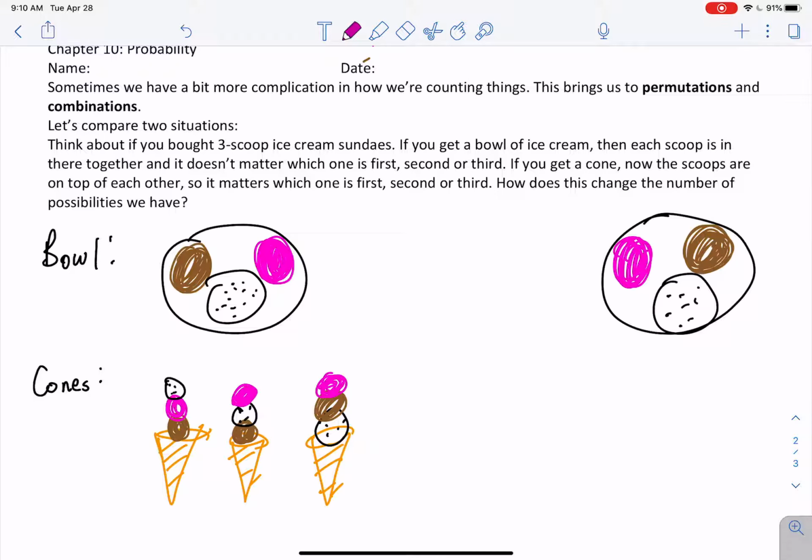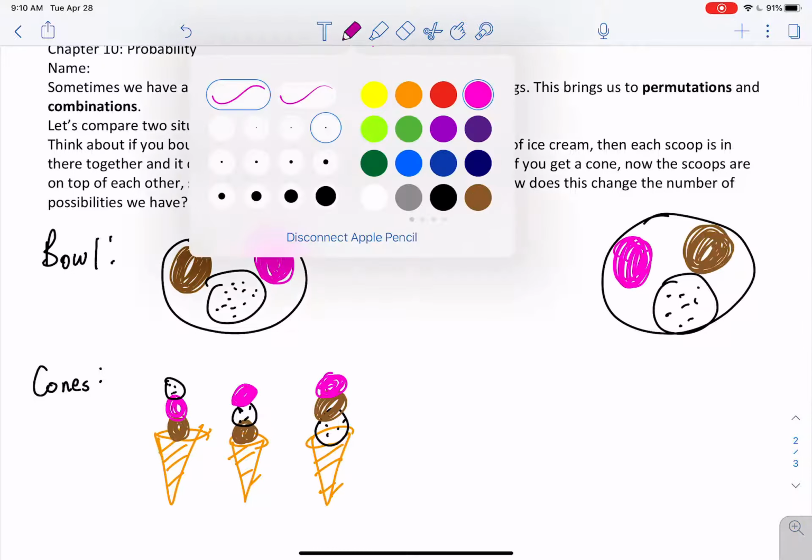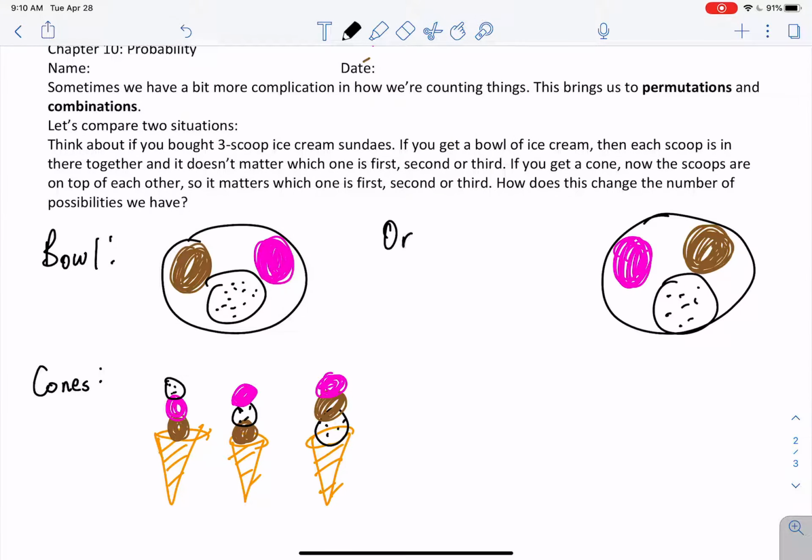So the bowl is a situation where order doesn't matter. Right? The order I put the scoops in doesn't change my overall bowl. For the cone, the order I put the scoops in changes my cone. And so here the order matters, whereas in a bowl the order doesn't matter.